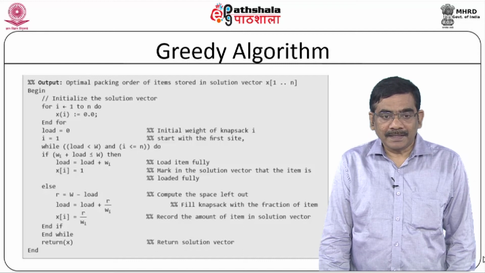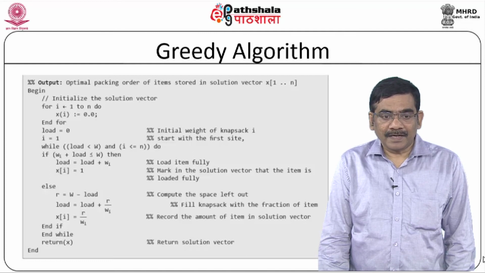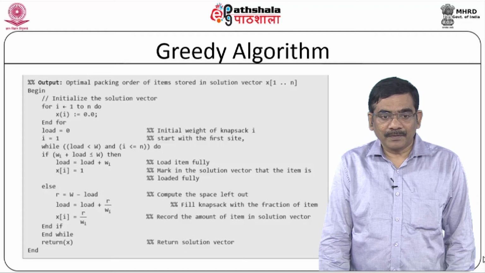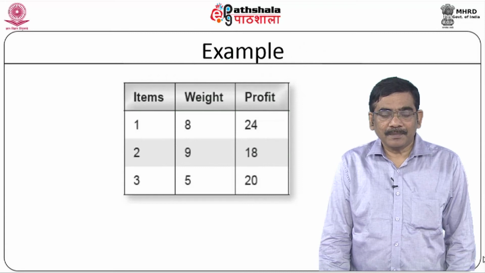I am taking the remaining items, and based on that I am taking the fractions and I keep on filling the knapsack. Whenever I am filling the knapsack with a particular item, the corresponding vector entry is going to be 1. This is the formal algorithm for that. So, this is a small example of how it really works. You can see that there are 3 items.